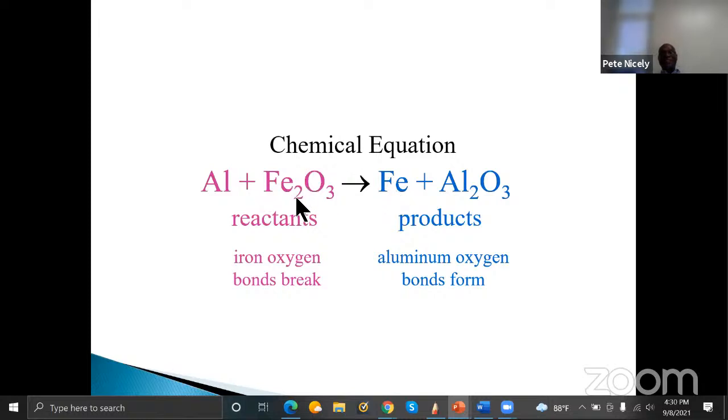So obviously there's a breakup of the iron(III) oxide to form the iron. And then also we can conclude that the aluminum is forming bonds with the oxygen to form aluminum oxide, all right? And that is what happens in every chemical reaction. You have the breaking and formation of new bonds to form different products.